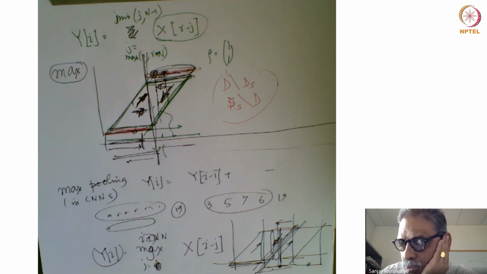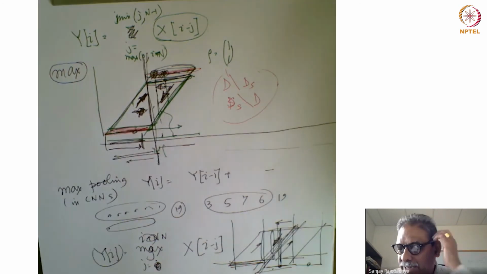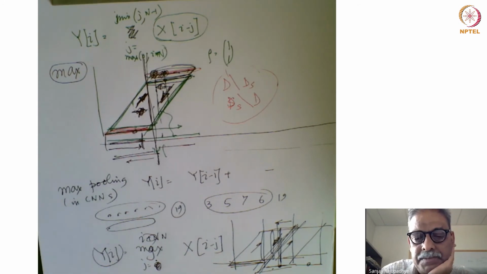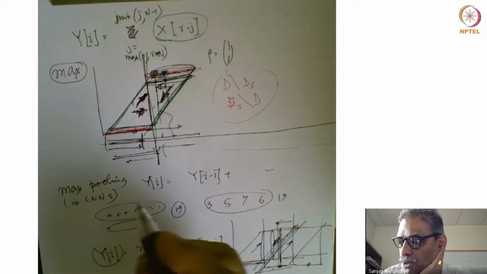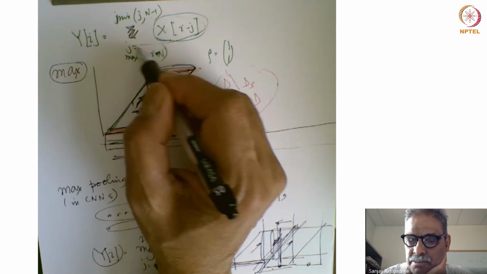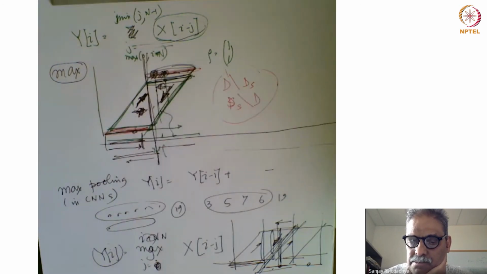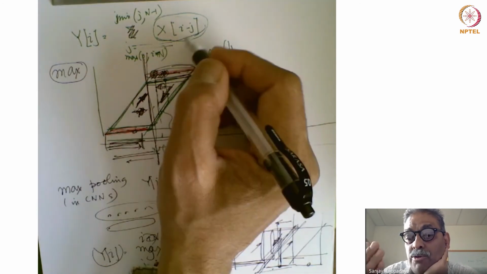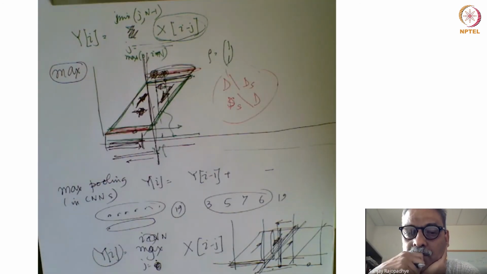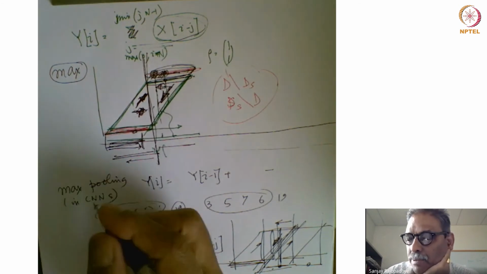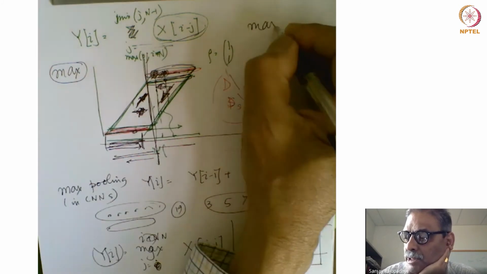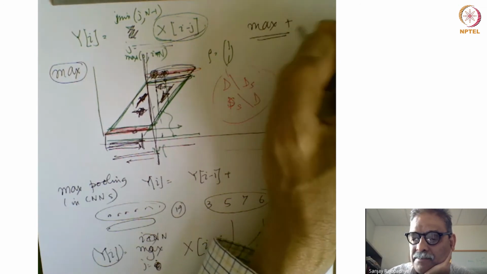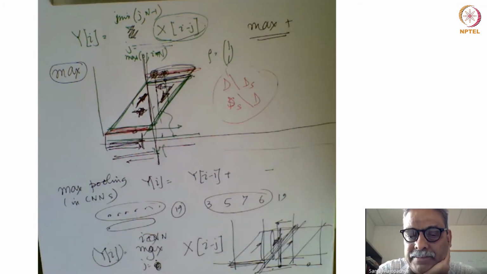And of course, this was one-dimensional, but you can extend it to images. And if you notice, what this is doing is a convolution. You know why this is a convolution? You're taking a window and you're multiplying all the elements with the coefficient 1. You're multiplying in the max-plus semiring.